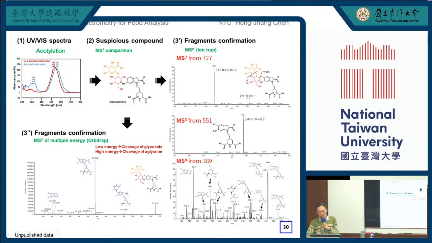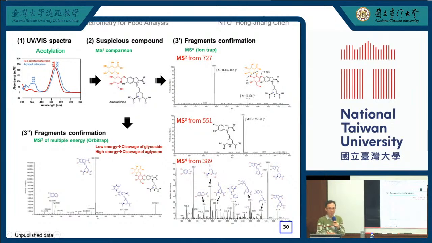So we found that the fragment 389 was generated from 551. And again, I can select this ion to fragment again. So we will find many fragments, and then I piece these fragments together. Finally, I know what this compound is.